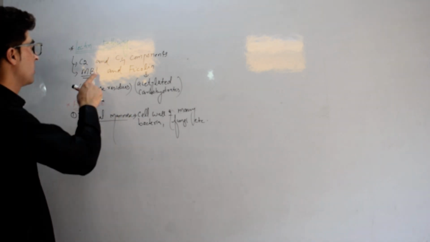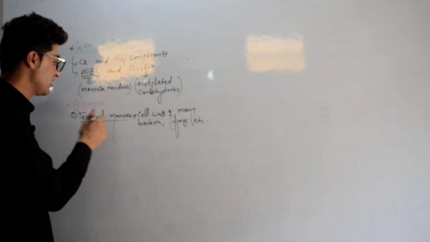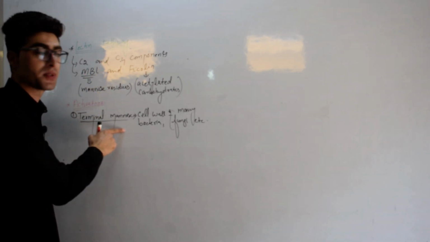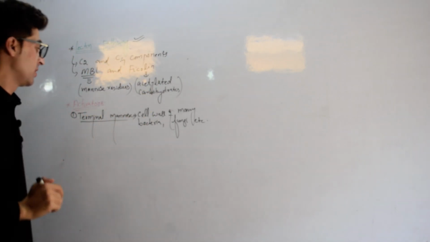The MBL, which is found in blood circulation, is going to attach to these terminal mannose on the surface of the pathogen, and the lectin pathway is activated.